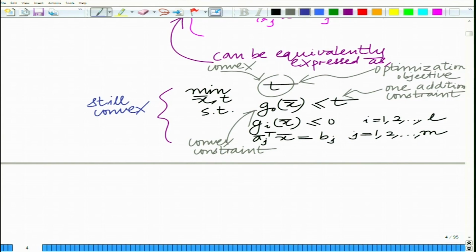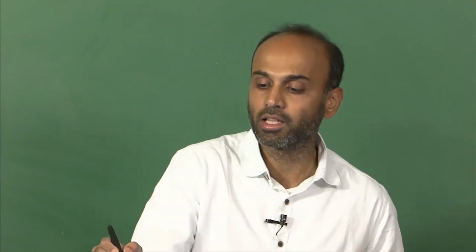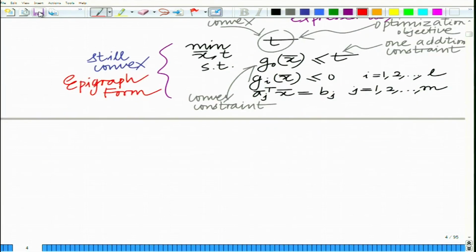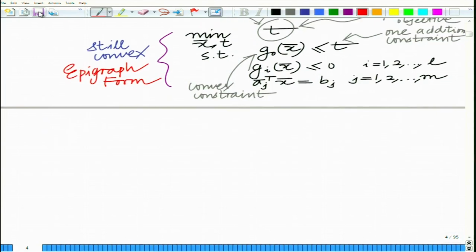However, in the second problem you are optimizing both with respect to x bar and t, and this is termed the epigraph form of the problem. And as I already told you, the epigraph form is helpful in recasting this convex optimization problem in a more interesting or intuitive form.